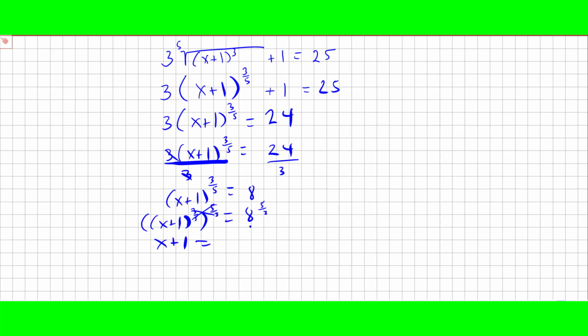When I raise 8 to the 5/3, the cube root of 8 to the 5th gives me 32. Now I just need to simplify. I'm going to subtract 1 from both sides: x equals 32 minus 1, which is 31. So our solution is 31. And to check, we go back over and make sure that it checks out.